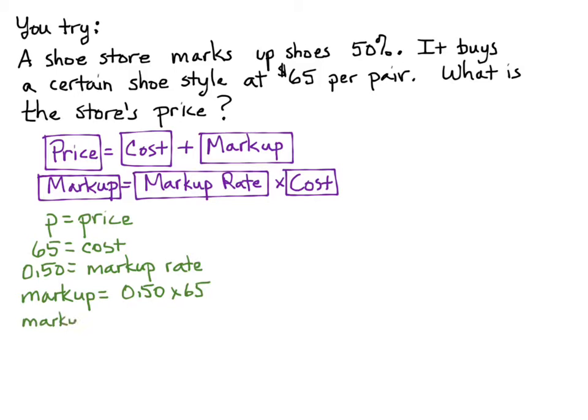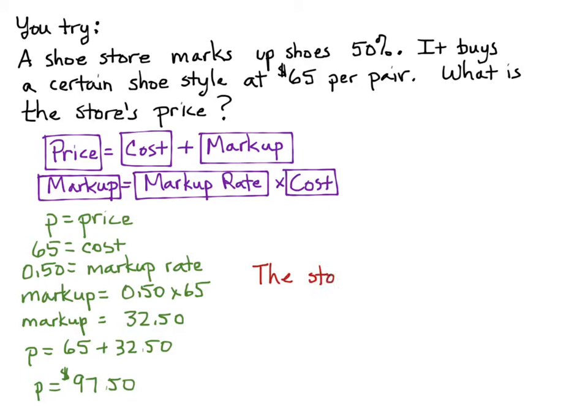My markup rate is 0.5. So my markup is 0.5 times 65. And so I take my $32.50 and add it to the 65, and I get $97.50. Okay, any questions on that?